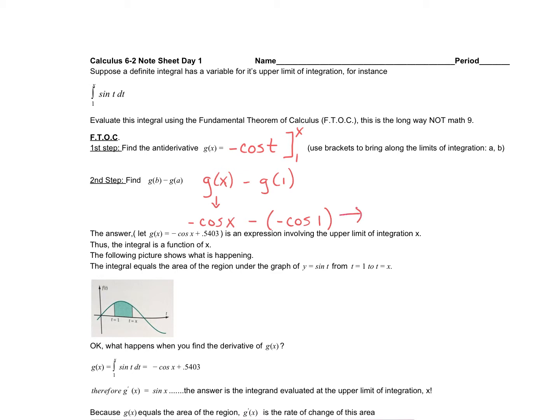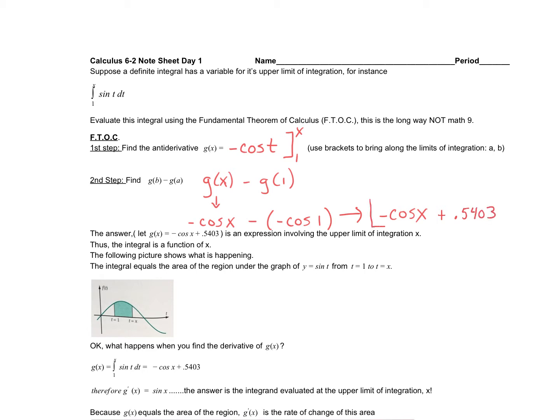All right, so now we're going to simplify that. We can't simplify this first term, so that's going to be negative cosine of x. But using our calculator, we can find this value right here. The cosine of 1 gives us 0.5403, and a negative times a negative is a positive. So we end up with negative cosine of x plus 0.5403.